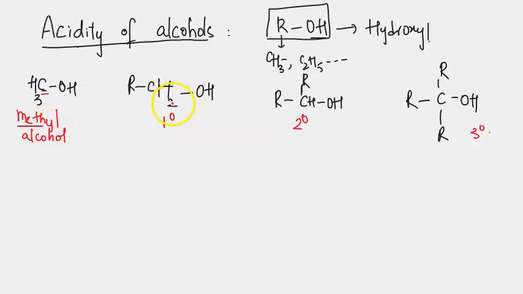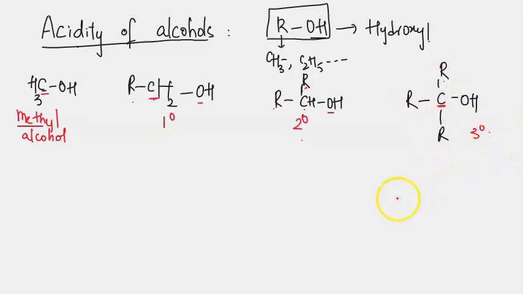In the second case, the carbon bearing the OH group is connected to one more carbon. Since that carbon is connected to only one other carbon directly, it's a primary alcohol. In this compound, the OH-bearing carbon is connected to two other R groups, so it is secondary. And in the last case, the carbon is connected to three other carbons, so it is a tertiary alcohol.